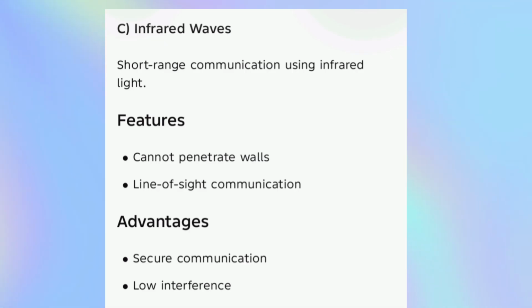Another one is infrared waves, short range communication using infrared light. They cannot penetrate walls and need line of sight communication. Advantage: secure communication, low interference.